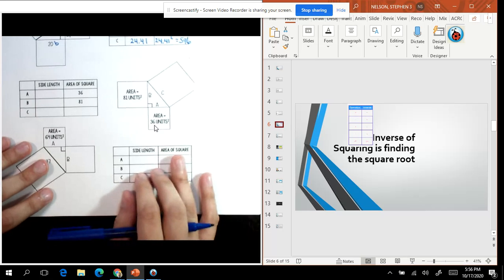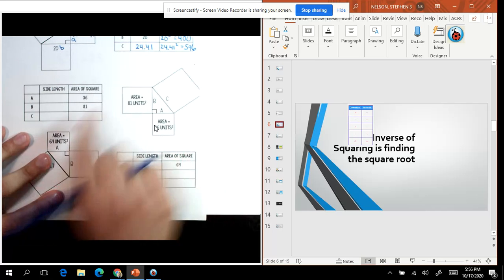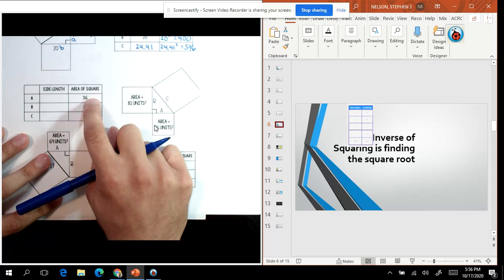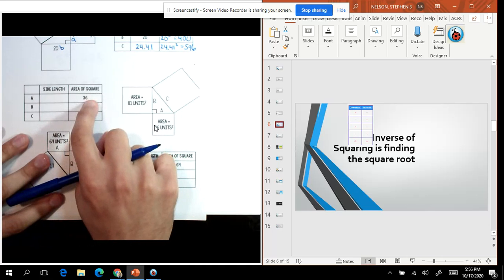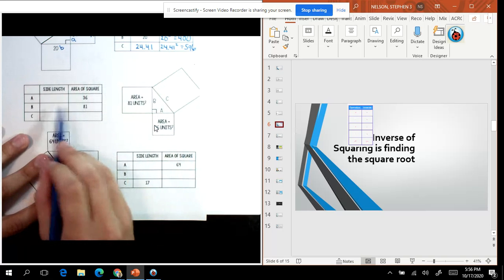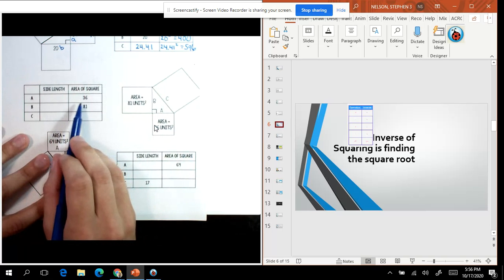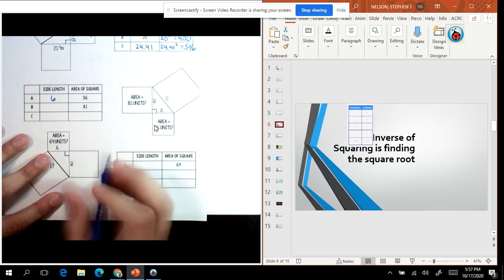All right, let's take a look at the second one. This time it gives us the area of the square, and it wants us to find the side length. So remember, in order to do that, we just take the root. We want to know which number times itself equals 36, and that would be 6, because 6 times 6 equals 36.